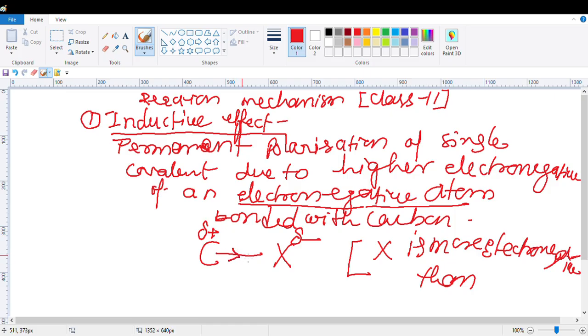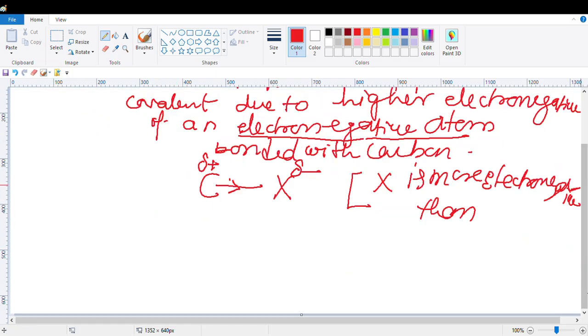And this is indicated by an arrow, and this arrow is showing that carbon is less electronegative and X is more electronegative. Therefore, the shared pair of electrons is shifted towards X. That's why X is getting partial negative and C is getting partial positive.